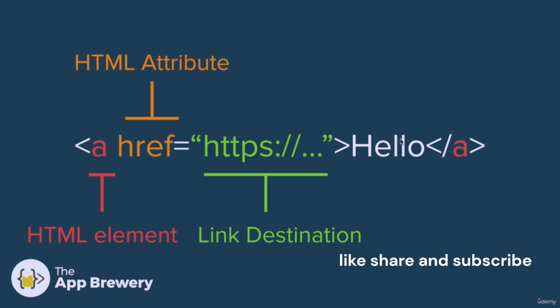The anchor tag is not a self-closing tag, so it has a closing tag at the end. And between the open tag and the closing tag is our link text. So that's the bit of text that's going to be underlined and highlighted in blue so that the user knows that when they click on this word, it's going to take them to that link.